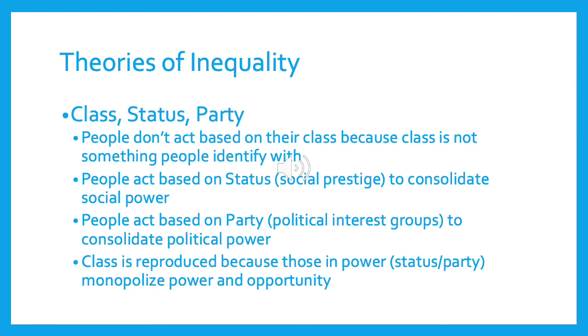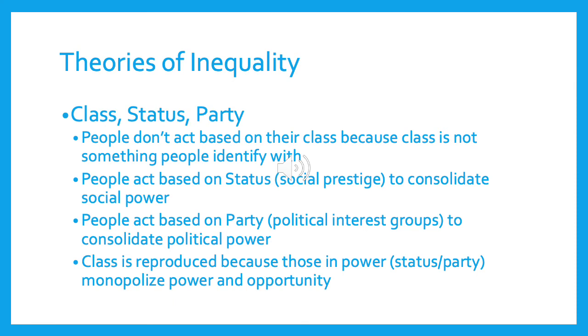And he says that people of a certain status will act in such a way to consolidate social power, basically to keep other people from breaking into their social networks and their social circles so that they can monopolize opportunity for themselves and for people like them and for their children.